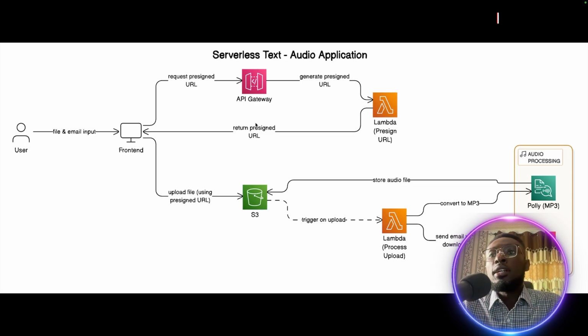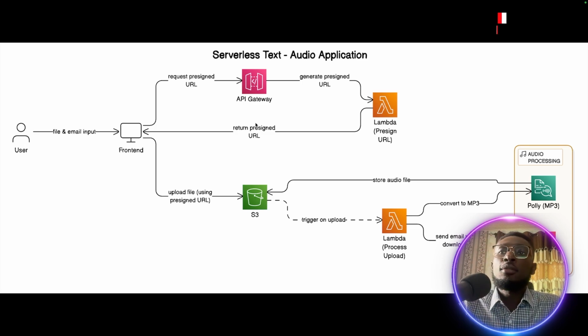So, as I indicated, it's a very simple application, and we have our front-end component, which is going to be hosted on S3, and then in the backend we have some API Gateways and a few Lambdas. So basically what happens is when a user uploads something to our front end, it's stored in an S3 bucket, and then we have a Lambda doing the processing.